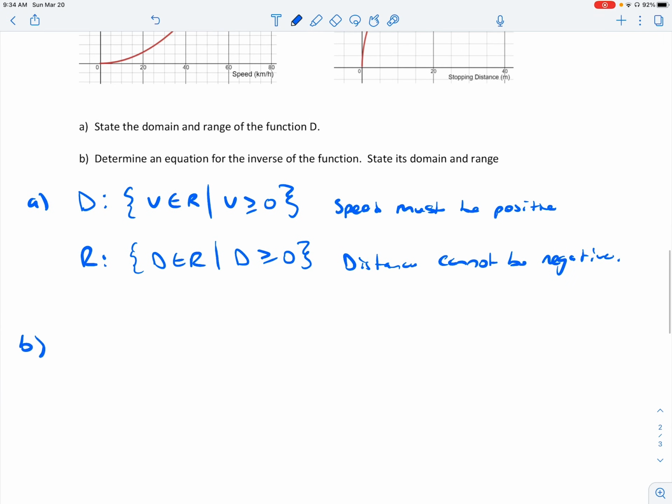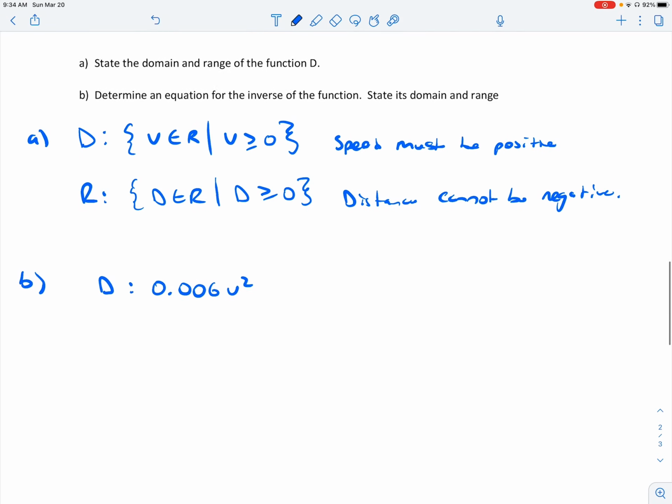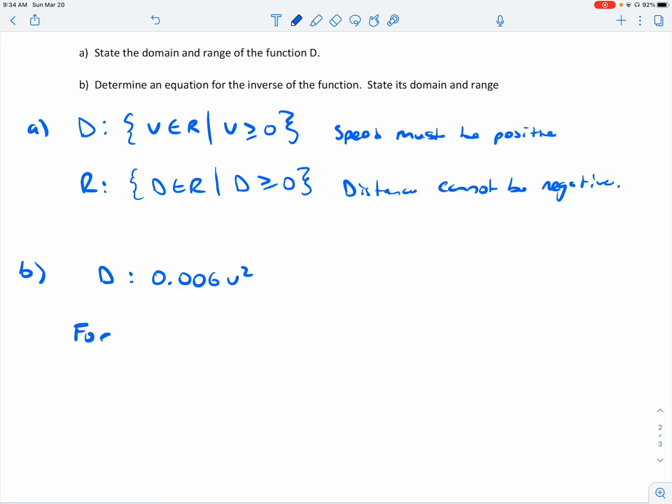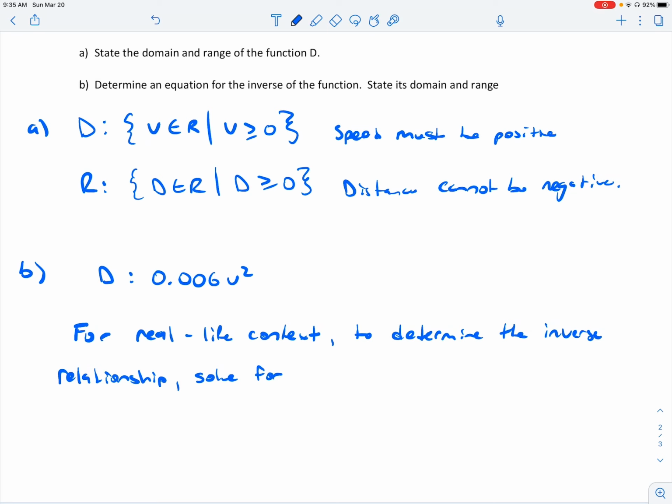So for real life context, to determine the inverse relationship, we just want to solve for the dependent variable.